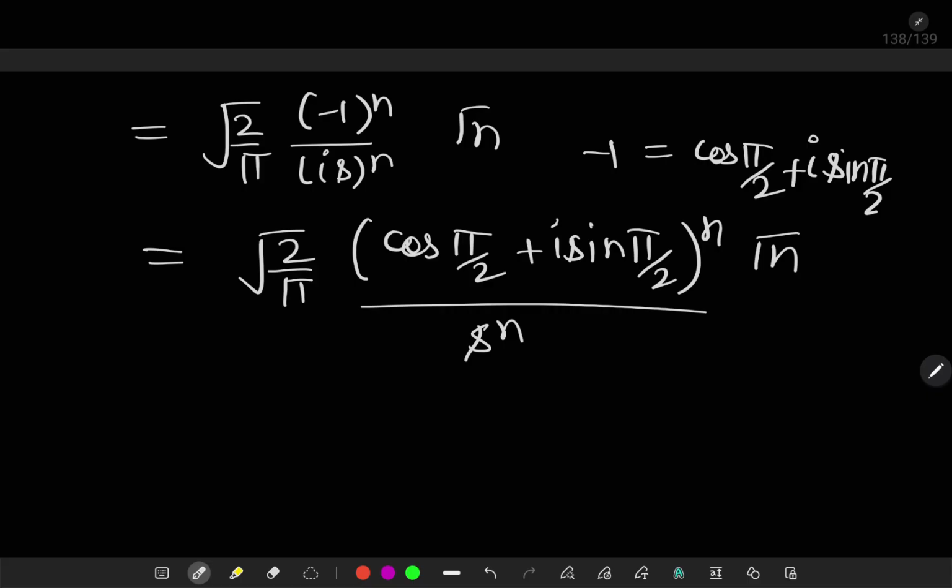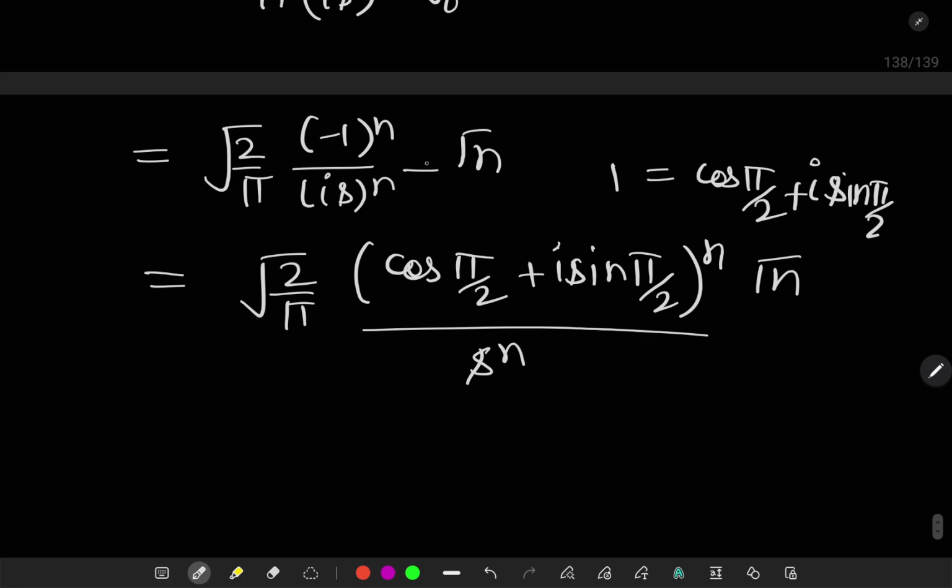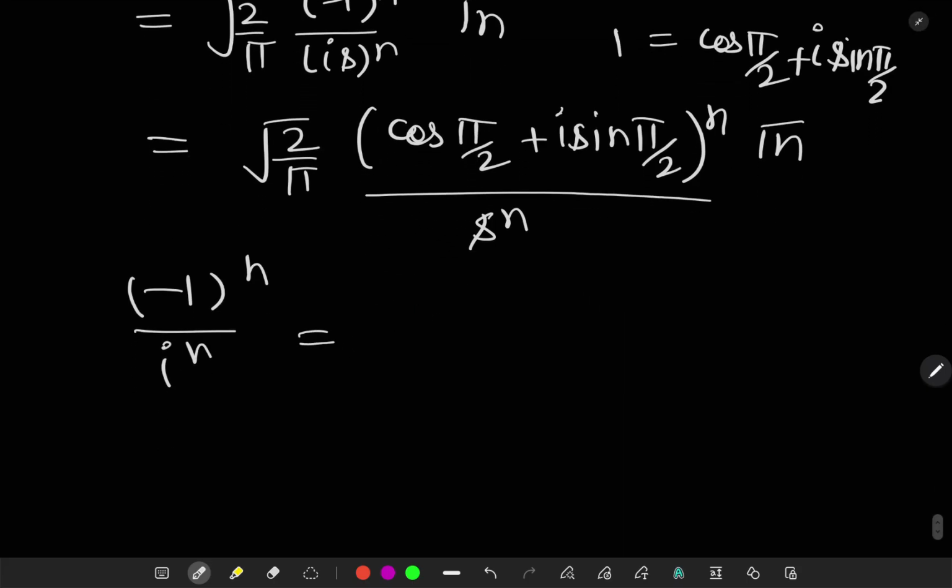Here, as you can see in this term there is minus 1 raised to power n divided by iota raised to power n, or we can write this as minus iota raised to power n into 1 divided by iota raised to power n, and this term is cancelled out.